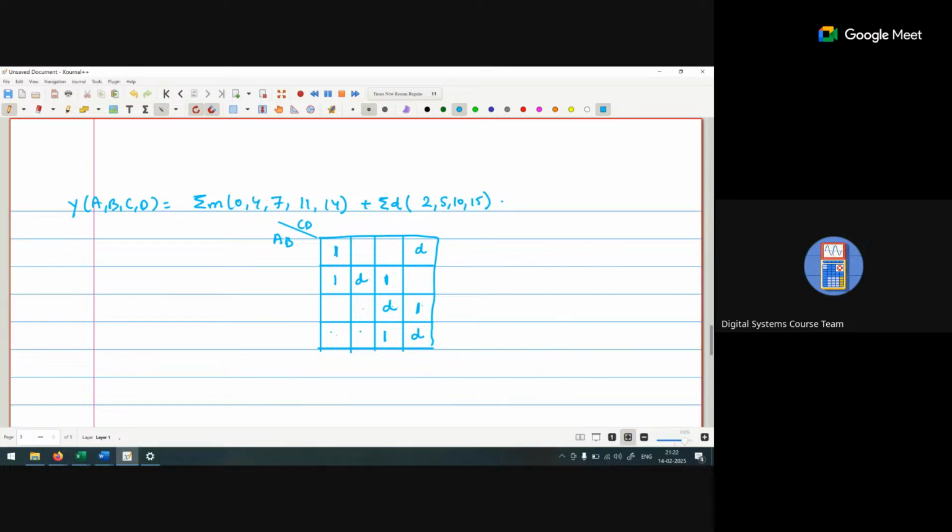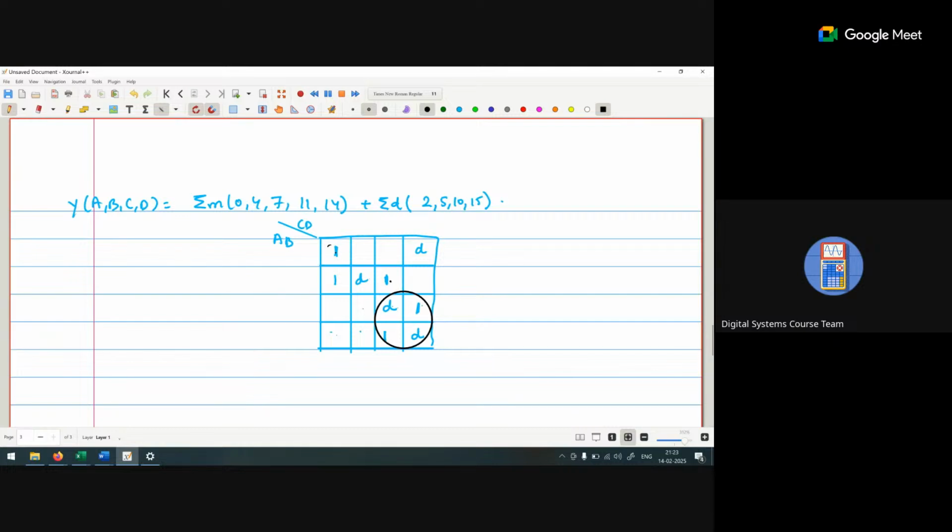Okay. So first, with the help of the don't care condition, we create a group of 4. Now how many min terms are available? Three min terms are remaining, 1, 2, and 3.